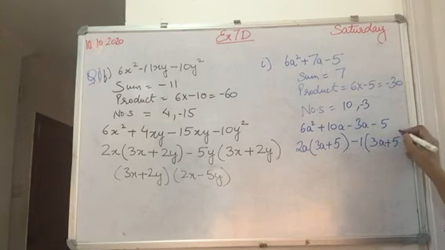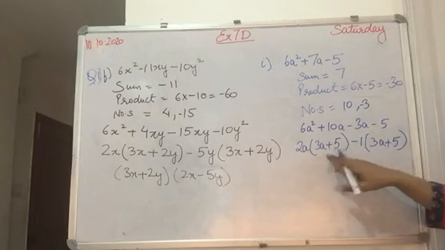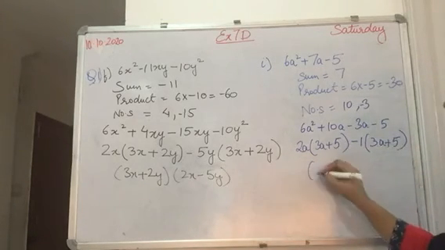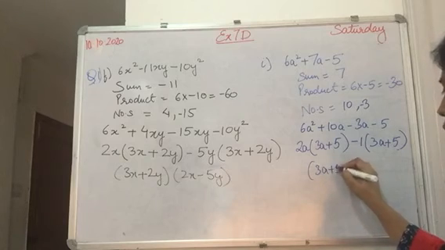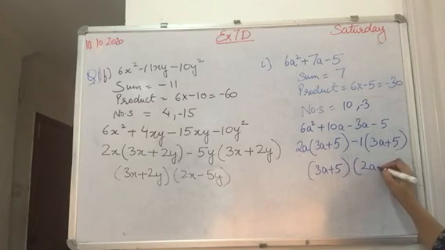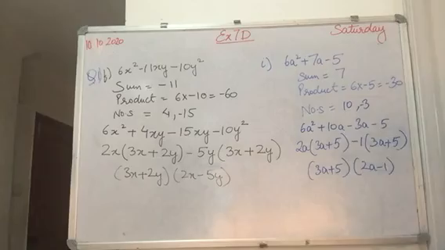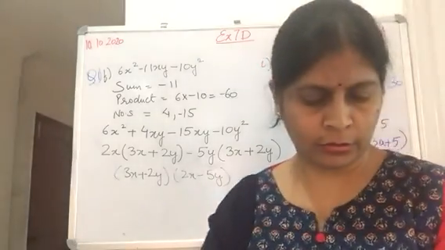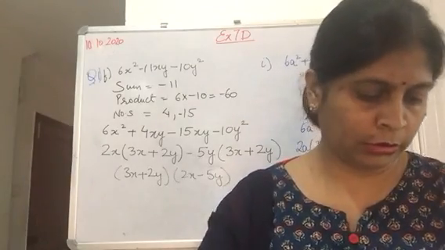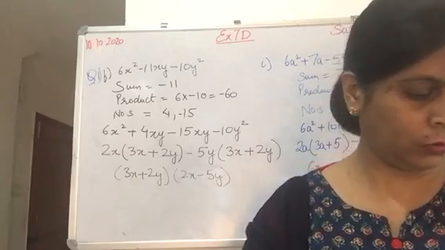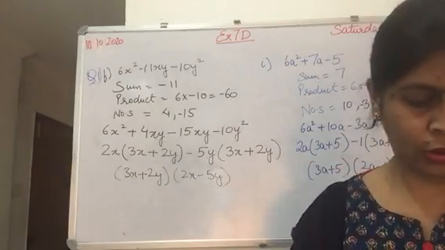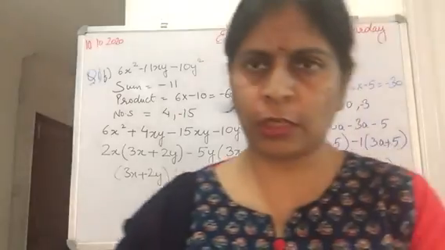And if we take minus as common, both will be positive and it will be similar to this. So 3a plus 5 and 2a minus 1. Clear about it? Now, thank you students.